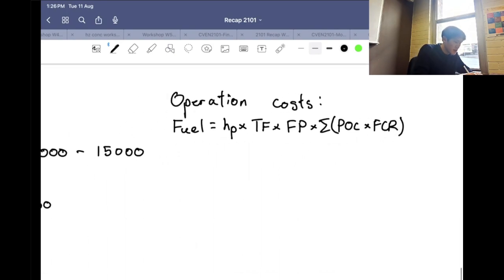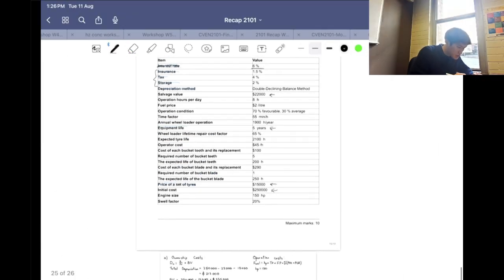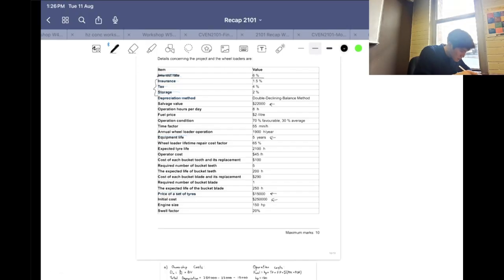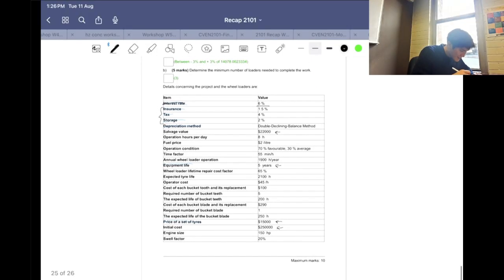But looking at this table, the horsepower is equal to 150. Where's the horsepower? Oh, engine size. Yeah, 150 horsepower.